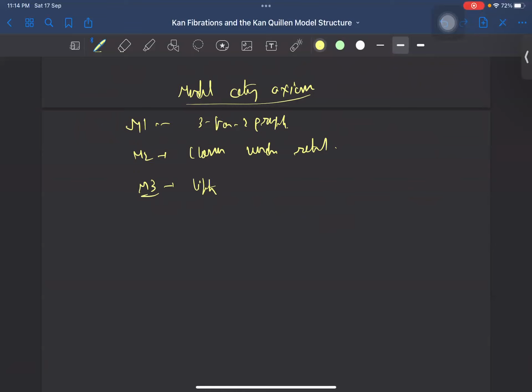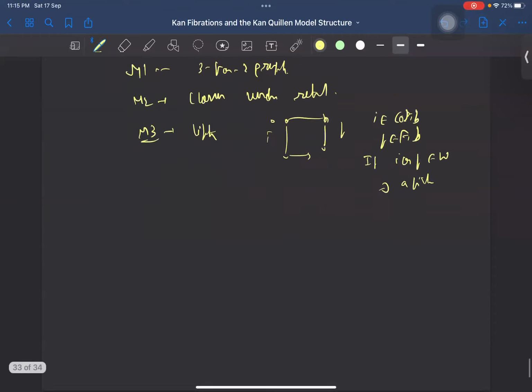Suppose we have something like this. If i is a cofibration, f is a fibration, and if i or f belongs to weak equivalences, then there exists a filler. This is my M3.